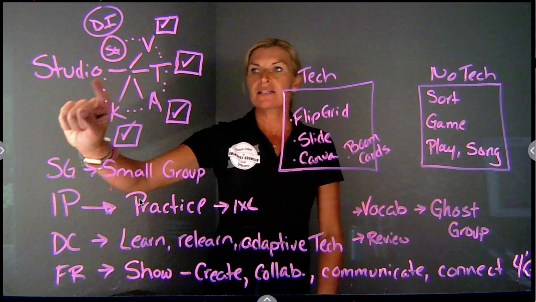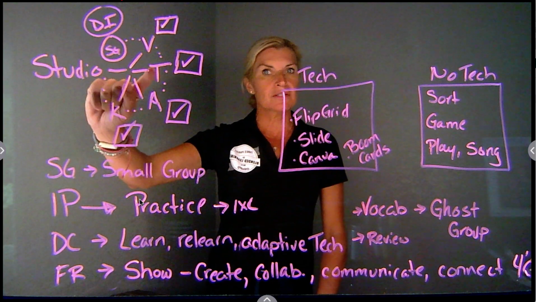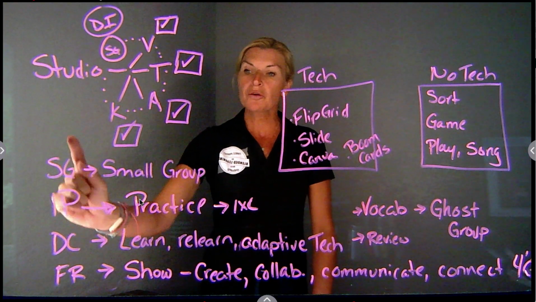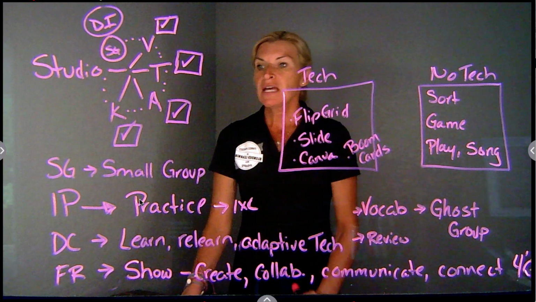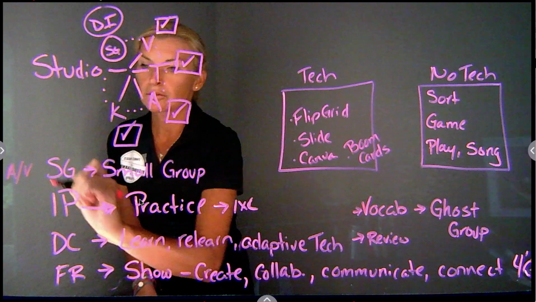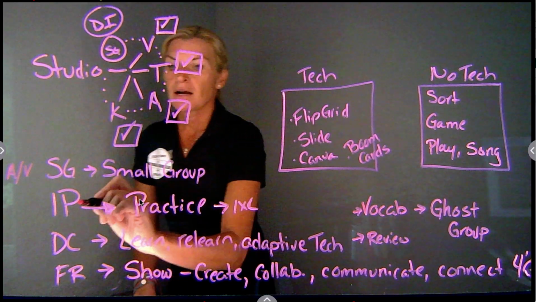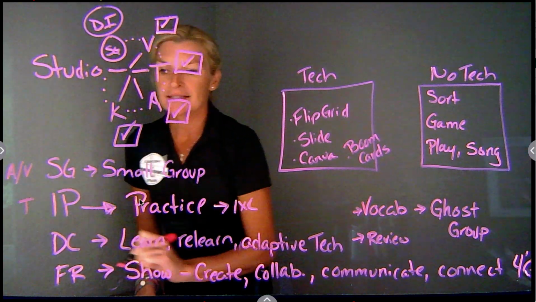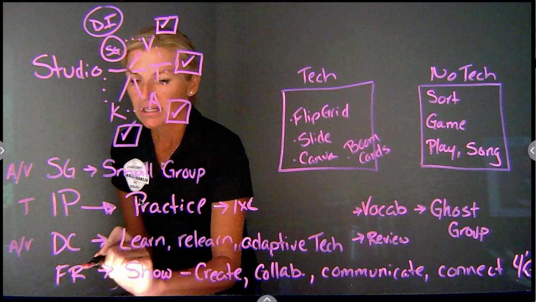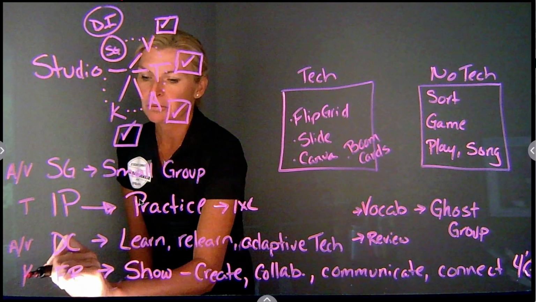I started out today talking about what is a studio with visual, tactile, auditory, and kinesthetic learning options. Well, if I go through and look at my different studios, in small group, this is audio and visual learning opportunities. Independent practice is tactile. Digital content, audio and visual. And kinesthetic would be future ready.